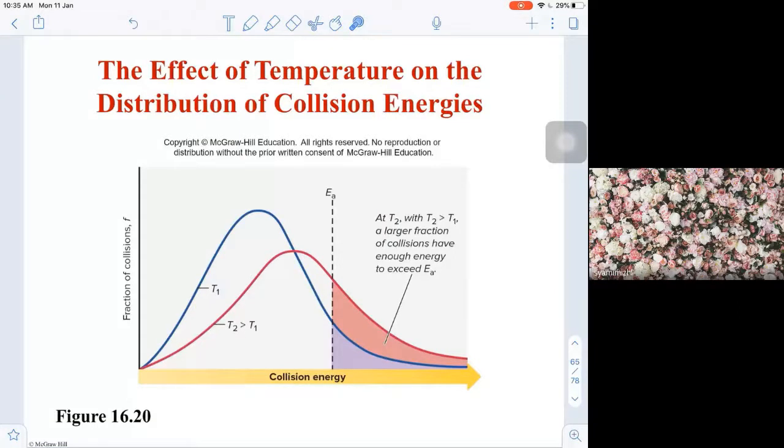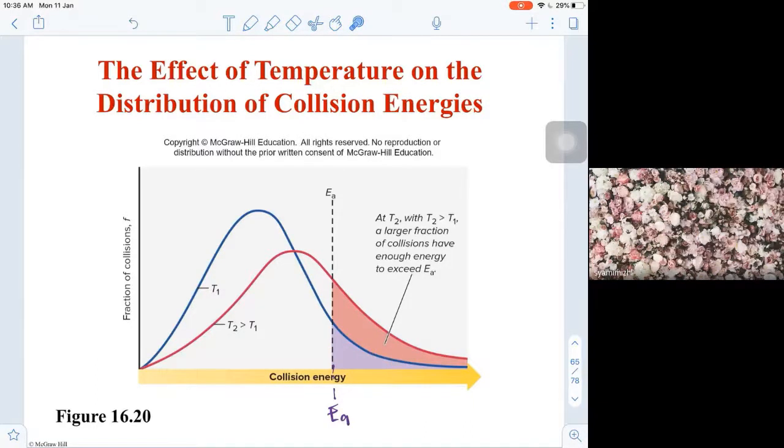So let's say we have an initial temperature, the reaction occurs at T1. Focus on the graph of T1, and this point is the activation energy.